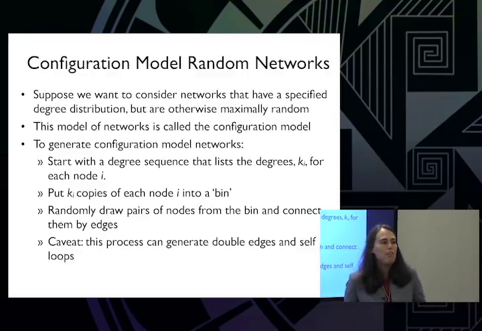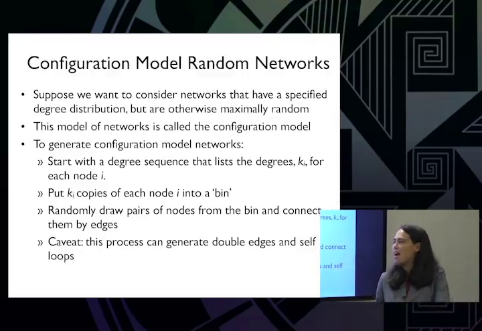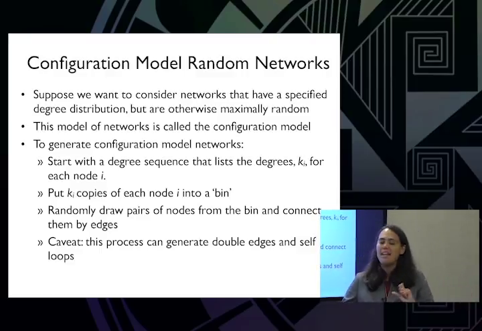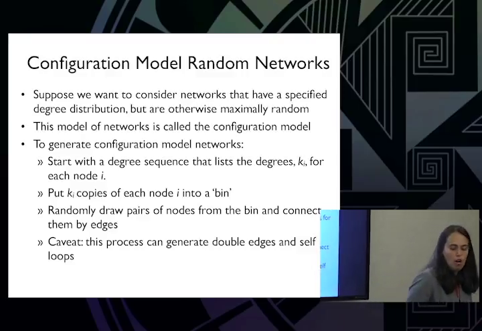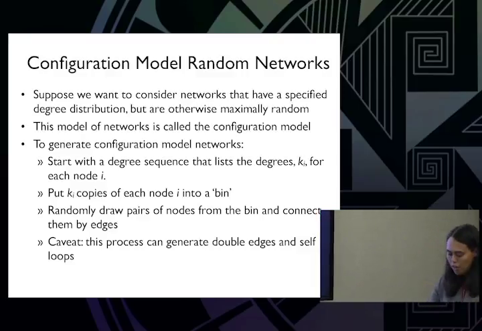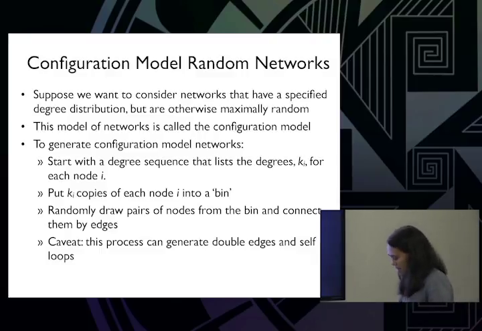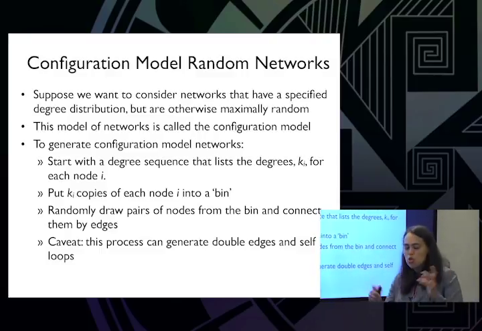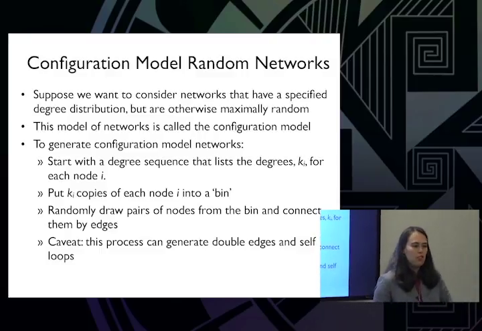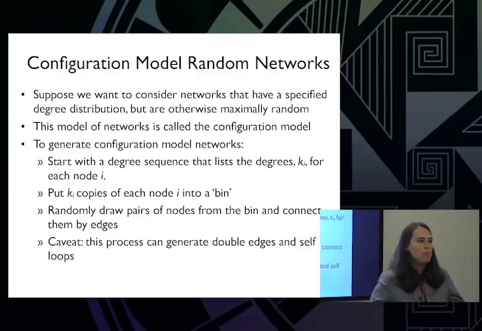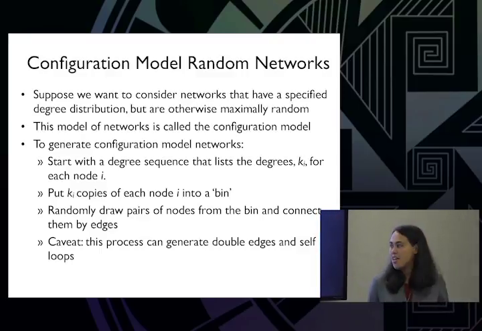To make my random network, I draw pairs of nodes from the bin and connect them by edges. I have this bin full of balls with different labels on them, and I'm drawing pairs. If I draw a 1 and a 7, that means I'm connecting 1 and 7 by an edge.